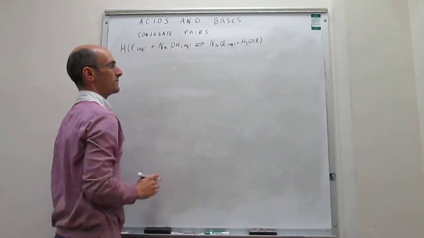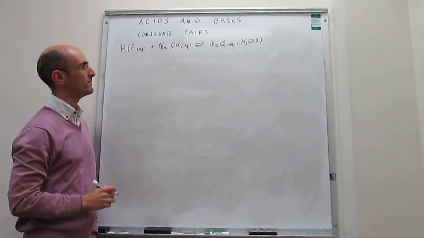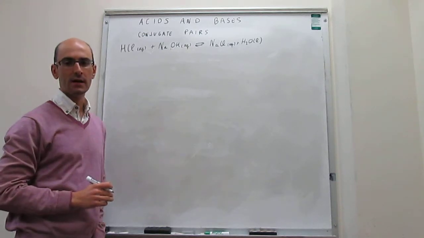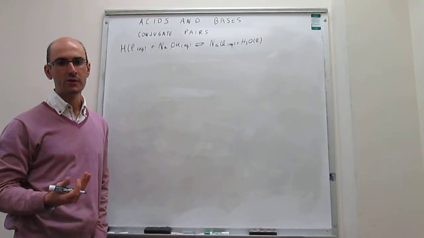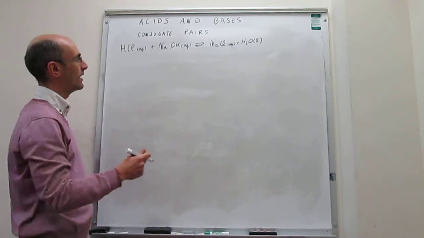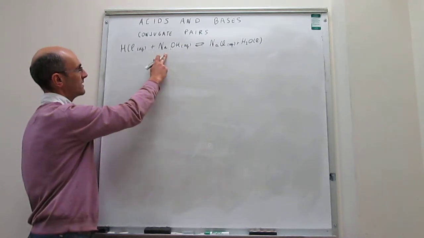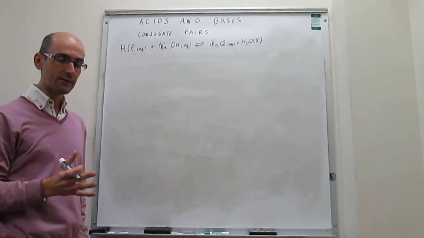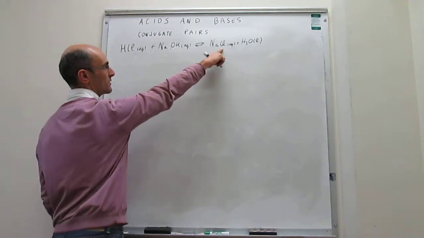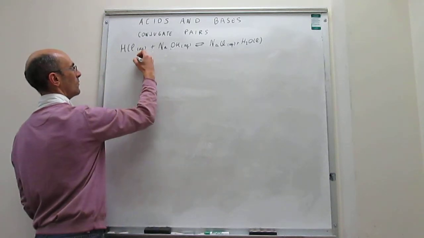Now, something interesting that we can do here is examine what happens to the salt and what will be the pH of the resulting reaction. So if we assume a stoichiometric reaction between hydrochloric acid and sodium hydroxide, there will not be any acid or base left over, and the only thing that you have is sodium chloride and water.